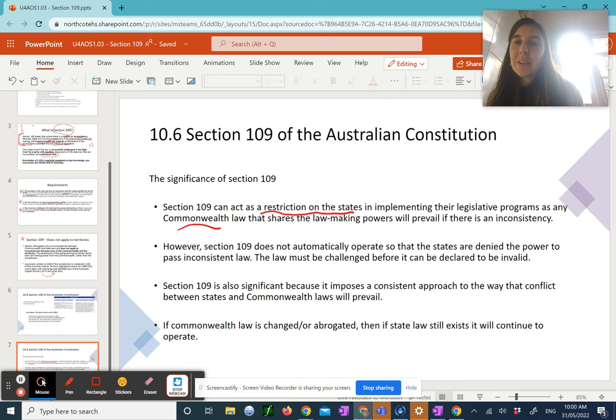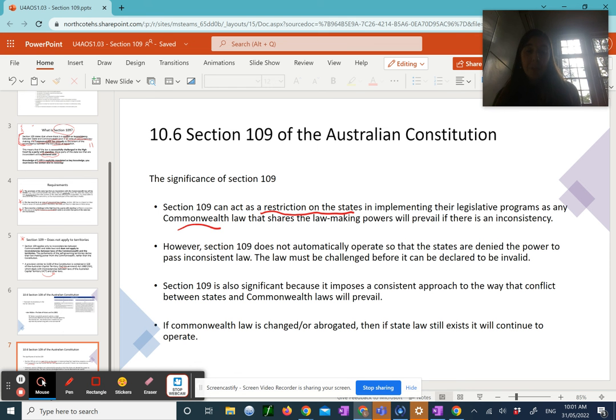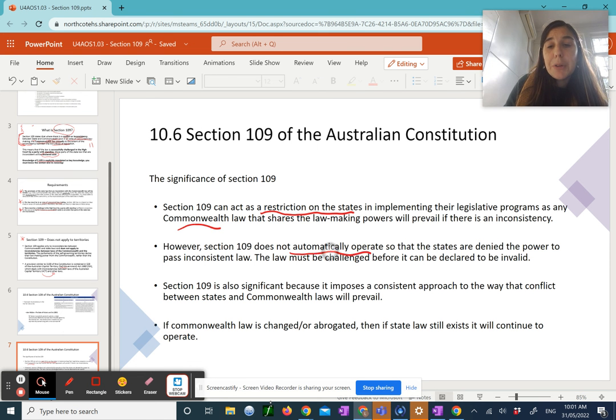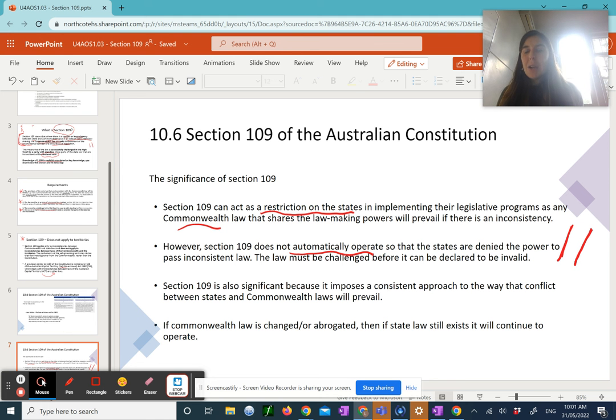So it may discourage states from making laws in a particular area if they think the Commonwealth Government has already made a law in that area. However, Section 109 is not automatic, which means that states are able to make laws that may be inconsistent with federal law. This may encourage law reform, but states generally err on the side of caution when making a conflicting law.